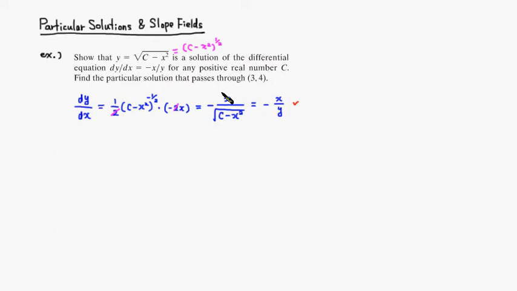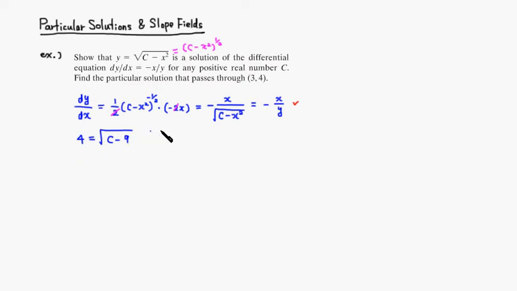The next step is to find a particular solution that passes through 3, 4. All you really have to do is plug in x equals 3 and y equals 4. So 4 is equal to the square root of c, which is unknown and what we're trying to find, minus x squared, so 3 squared, which is 9.